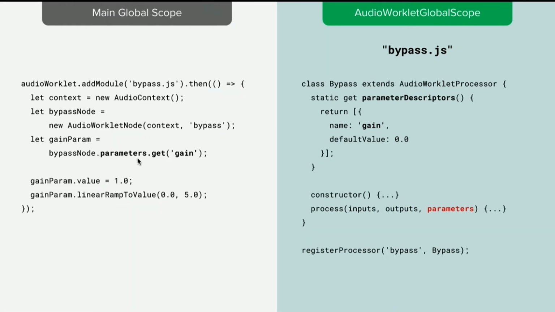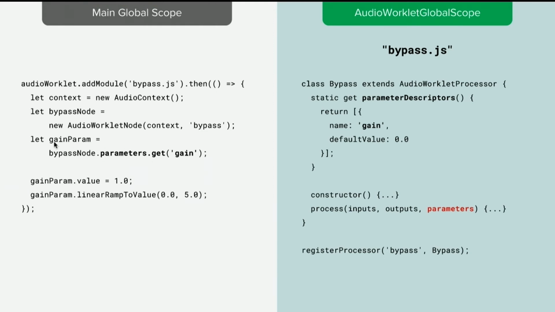This parameters getter returns an ES6 Map object. To query this ES6 Map object, you simply use get, with the string gain. Here I'm using gain. Then it will give you the AudioParam object, which is created by this getter. Does it make sense? Yep.